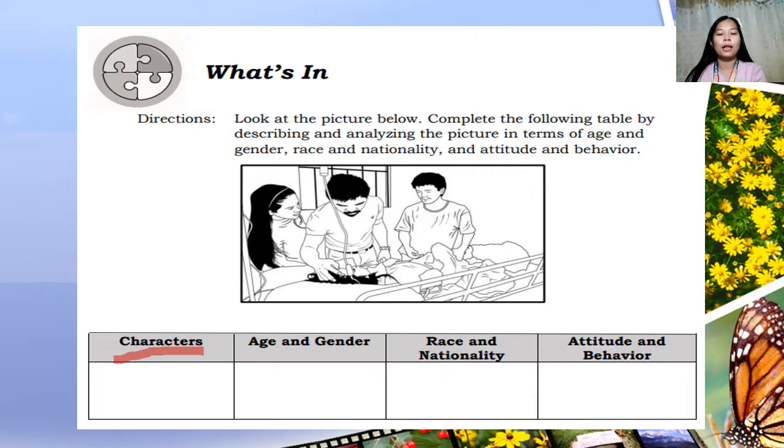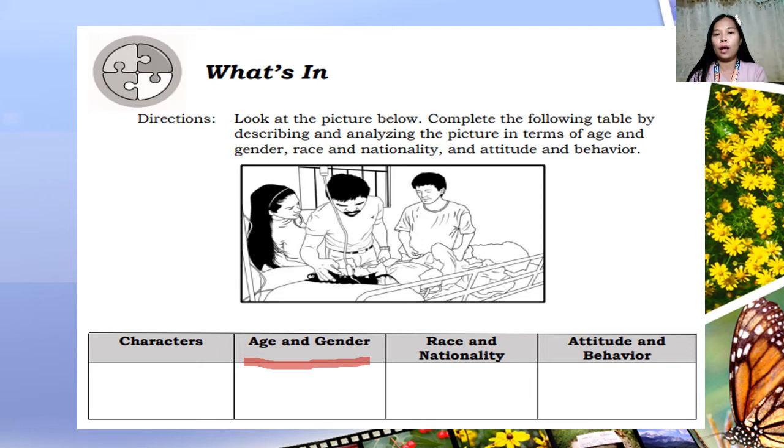Next, for age and gender. For age, since we cannot really give the exact age of the character or characters in the picture, we can just give the age range. For example, 10 to 15, 20 to 30, 50 to 60.